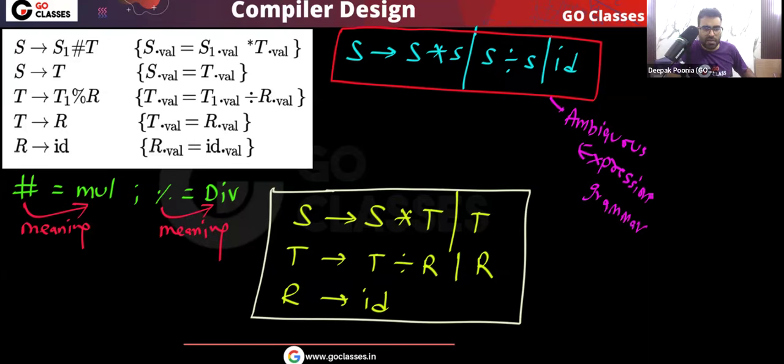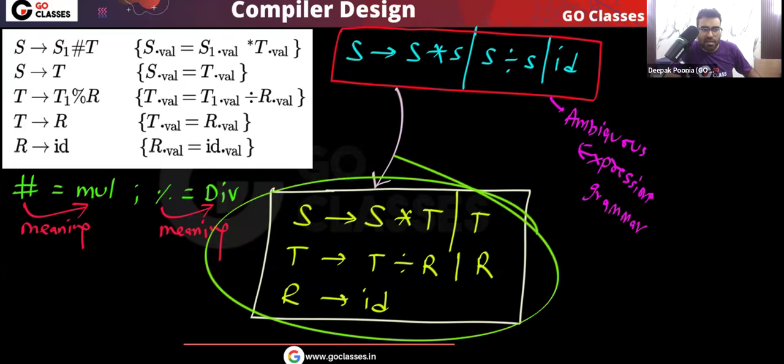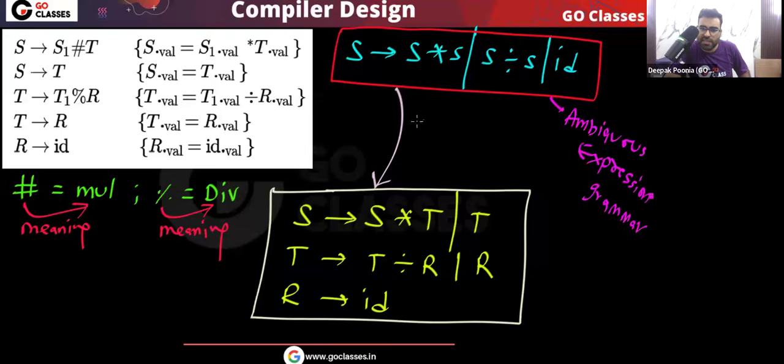And for this ambiguous expression grammar, what does the corresponding unambiguous expression grammar mean? When I remove the ambiguity manually from this ambiguous expression grammar, then I will get this unambiguous expression grammar. Yes or no?